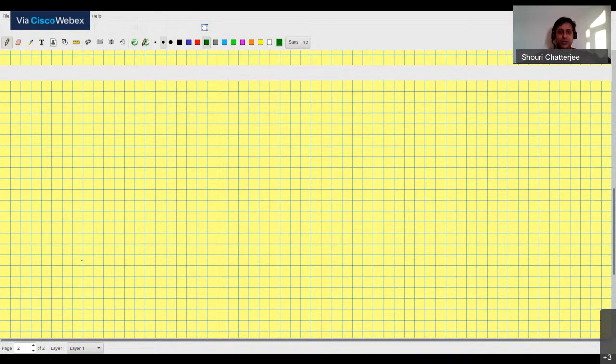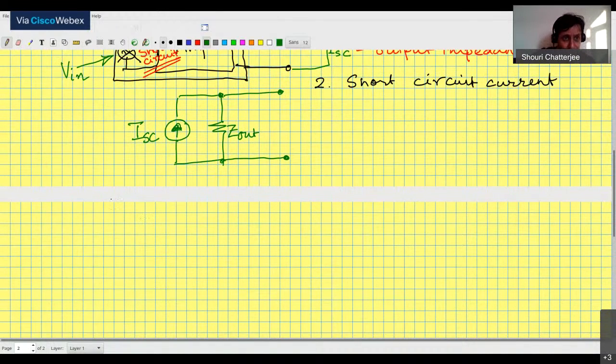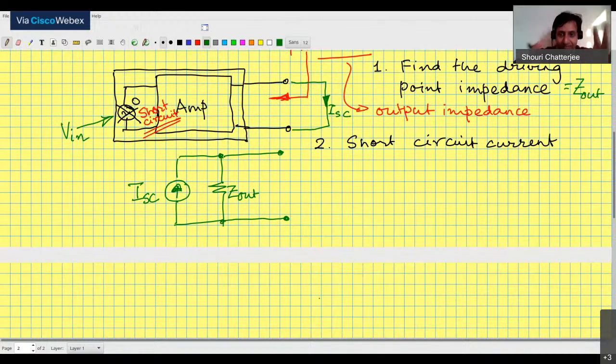The student who has written the question says that they are having trouble finding the transconductance, and analyzing output impedance. All right, so that is the question. I know I haven't yet answered the question.